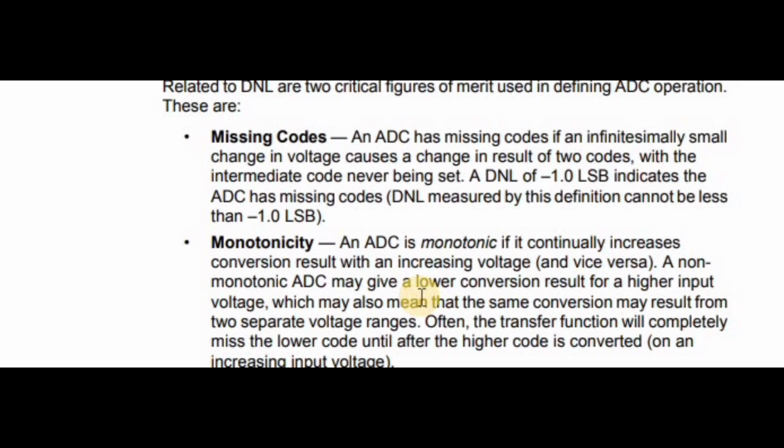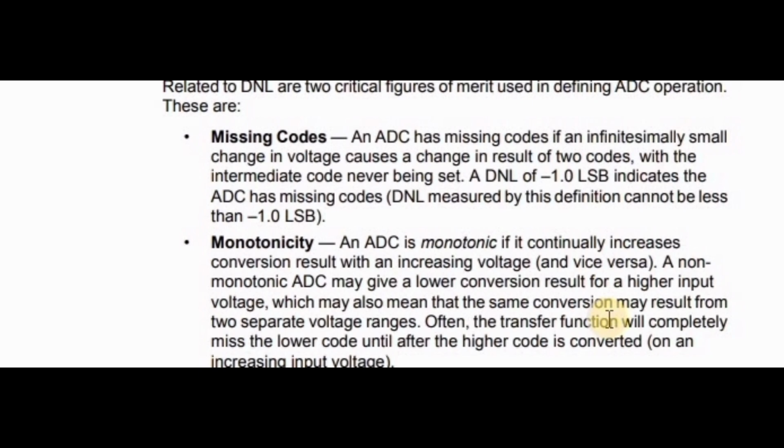Okay. So next one is monotonicity. An ADC is monotonic if it has continuously increasing conversion results with an increasing voltage. Whereas a non-monotonic ADC can give you a lower conversion result for a higher input voltage, which also means that the same conversion may result from two separate voltage ranges.